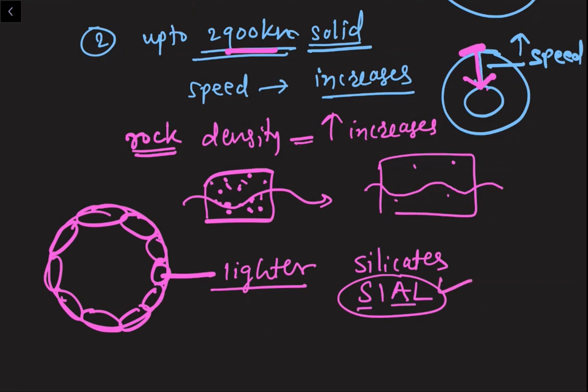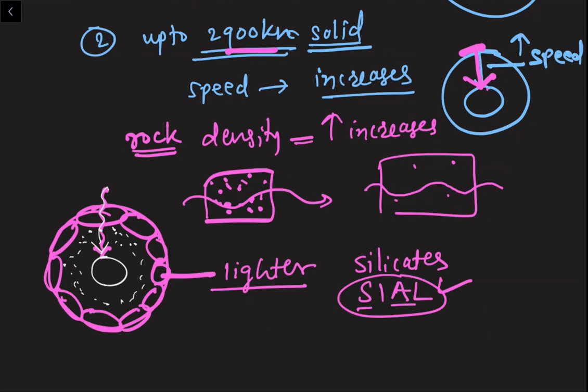So the speed is lesser. But as you go deeper, into the mantle, the speed increases because the density of the material increases towards the core. This is our second observation.